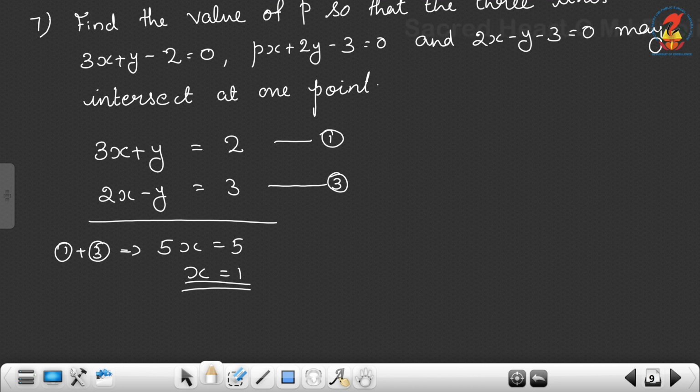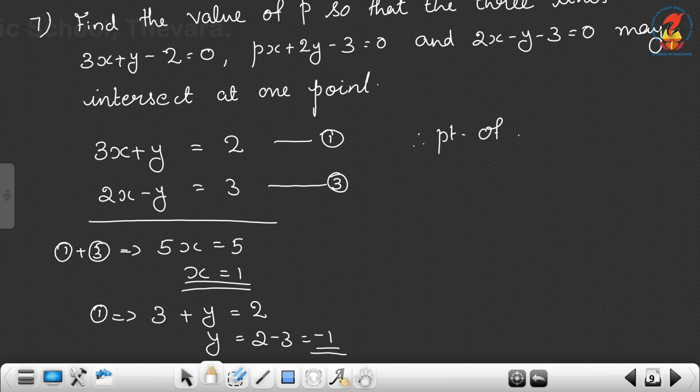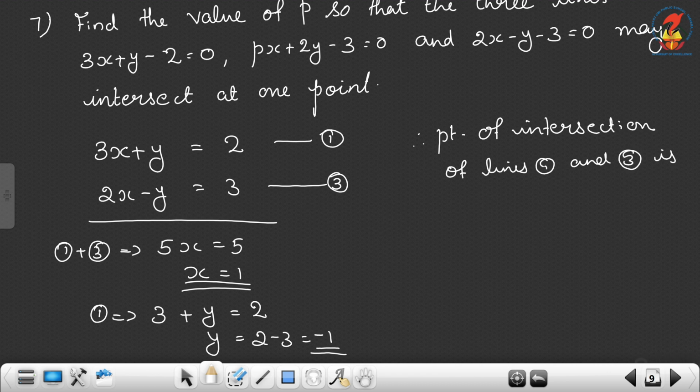Now, find y. In the first equation, 3 into 1 plus y is equal to 2. So y is equal to 2 minus 3, that is equal to minus 1. Therefore, the point of intersection of lines 1 and 3 is the ordered pair (1, minus 1).